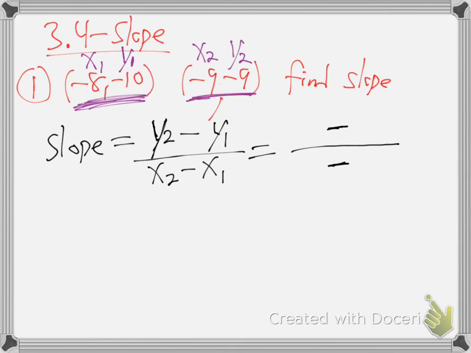Okay, so how are we going to go about doing this? Plug the numbers in. Yeah, so we're going to go minus 9. y2. So here comes y2, negative 9 right there, right? y2 minus y1.